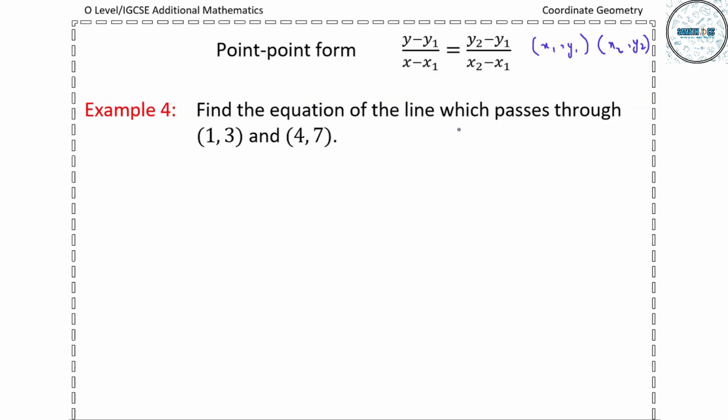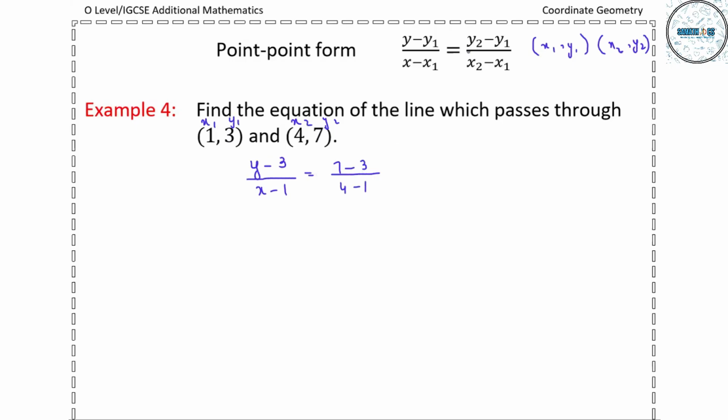Find the equation of the line which passes through (1, 3) and (4, 7). There are two points given. We can say this is x1, this is y1, this is x2, and this is y2. We can substitute it in this. y - y1 is y - 3, x - x1 is x - 1, is equal to y2 - y1, 7 - 3, upon 4 - 1.